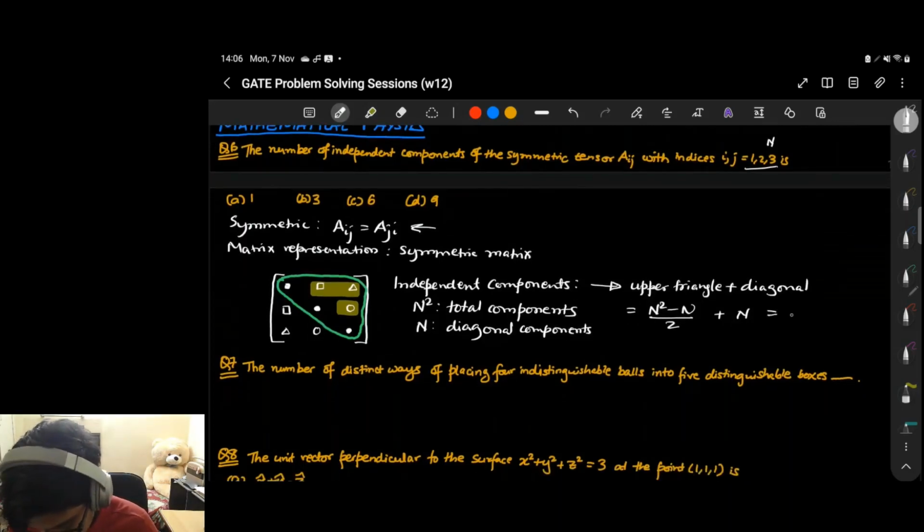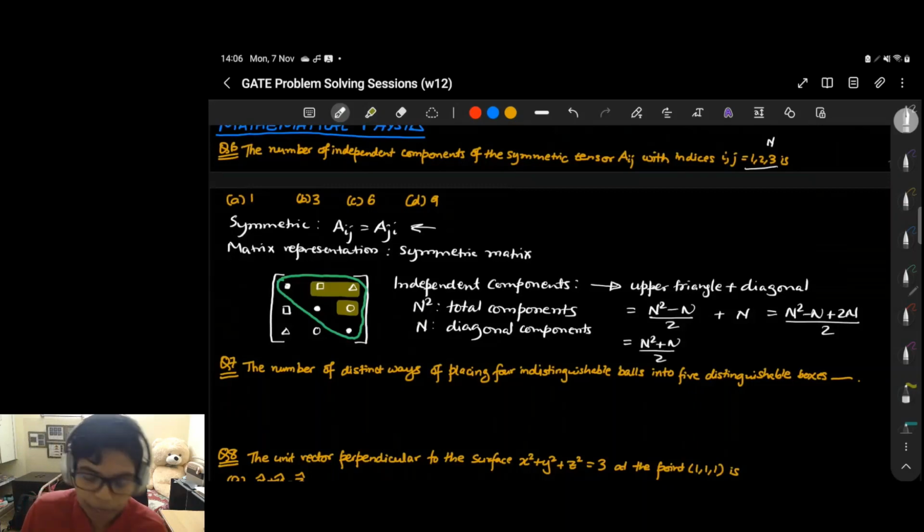So this gives me n squared plus n over 2. I had written down this final expression directly without telling you this procedure, so that's why I did this procedure, to tell you how we came to this expression.